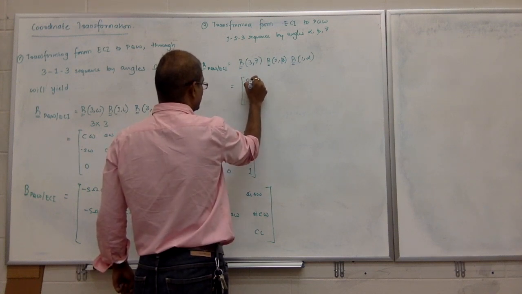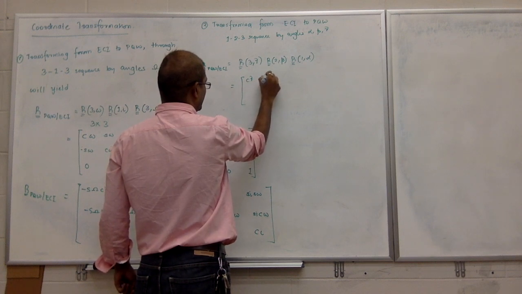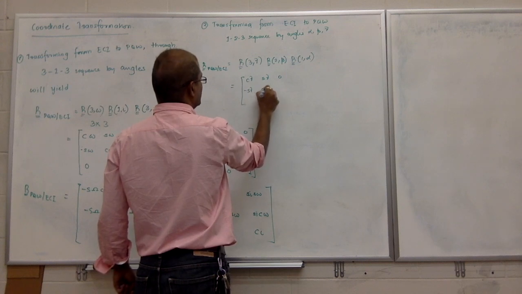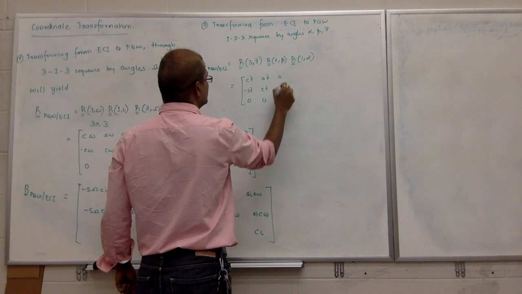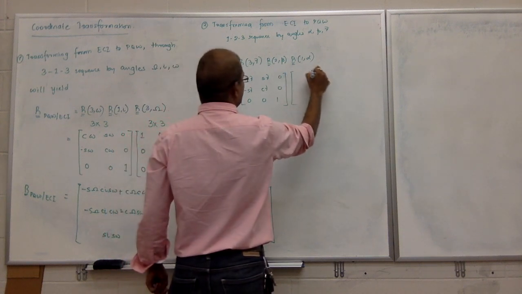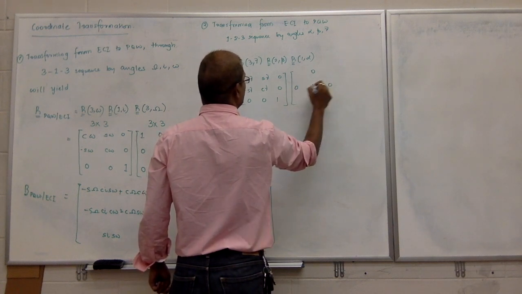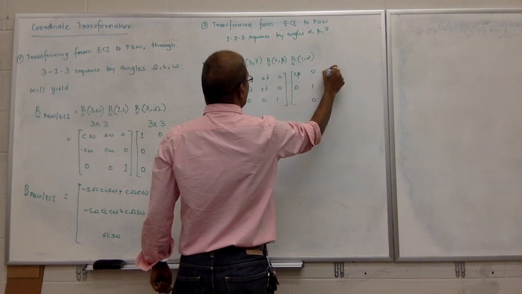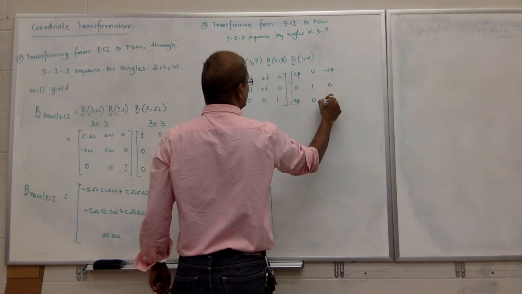Cosine gamma, sine gamma, 0, negative sine gamma, cosine gamma, 0, 0, 0, 1. This would be 1, 0, 0, 0, cosine beta, minus sine beta, and sine beta, cosine beta.